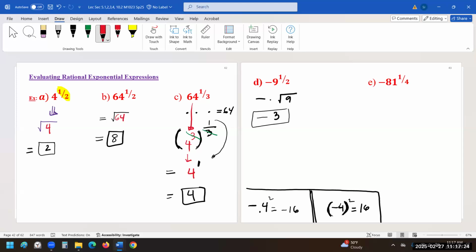But if you had negative 9 inside the parentheses with the 1/2, this is same as square root of negative 9. But square root of negative 9 means find one number that, when you multiply the same number twice, the answer is negative 9.